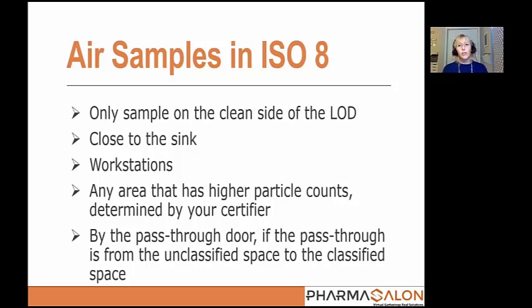And you might actually see some areas that have higher particulate than others. That might be because of the way that the air moves through your room and where your return grills are. So they might be able to provide you with some insight like, hey, this particular area has a really, really high particle count. You might want to focus on this area from a sampling standpoint.